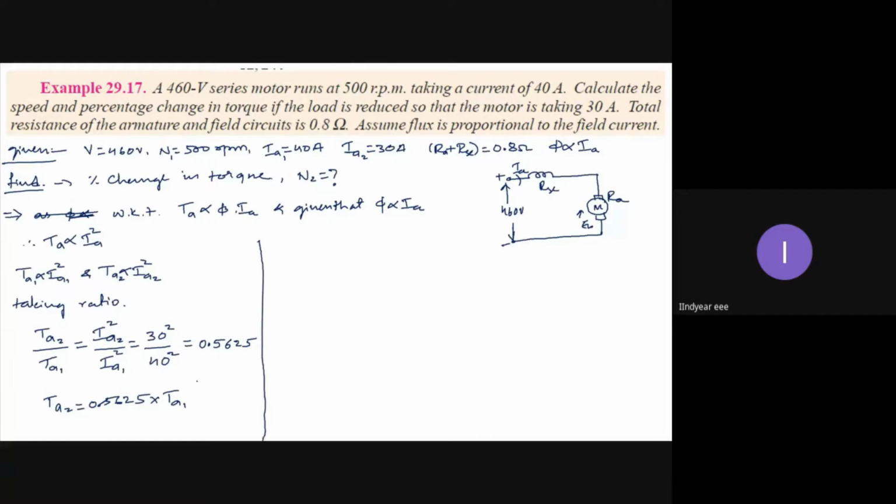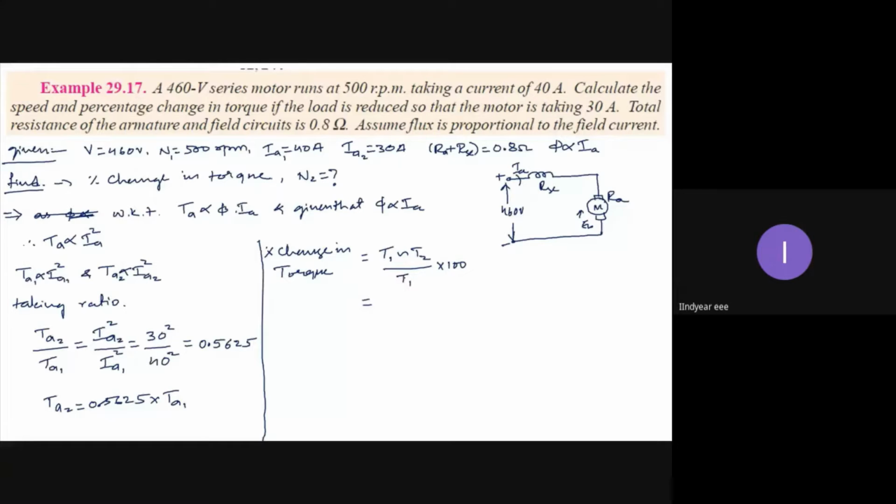So here I can write the percentage change in torque is equal to T1 difference T2 divided by T1 into 100. It is not T2 minus T1 or T1 minus T2 compulsorily. It is the difference of two torques. Whichever is larger will come first. I cannot take change in torque as negative because torque is always a positive quantity.